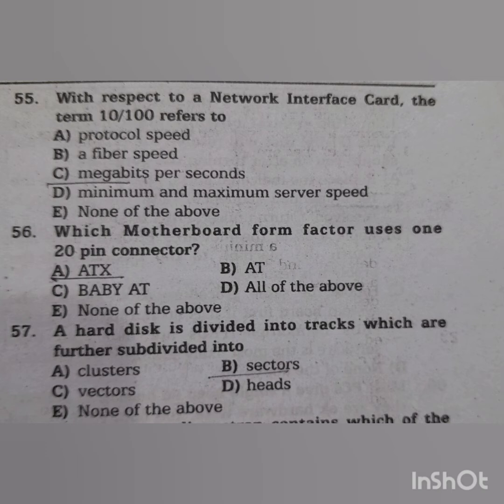With respect to a network interface card, the term 10 by 100 refers to megabits per second. Which motherboard form factor uses a 120 pin connector? ATX. A hard disk is divided into tracks which are further divided into sectors.